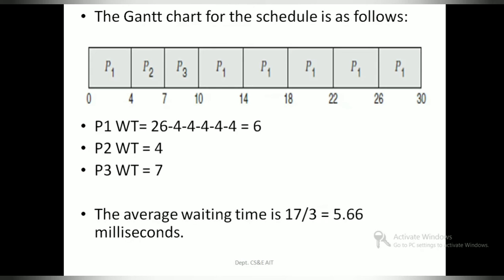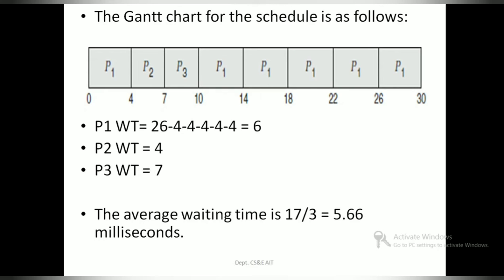Previously I spoke about time quantum. Now, just to illustrate how round robin actually works, for my Gantt chart I have taken the time quantum to be 4. So each process gets a chance to execute for 4 milliseconds.